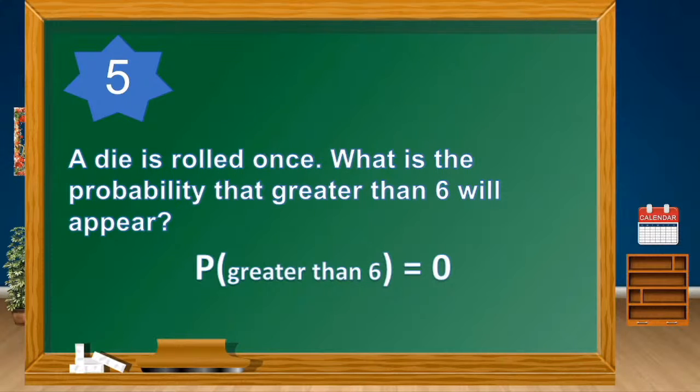The probability that a number greater than 6 will appear is equal to 0.